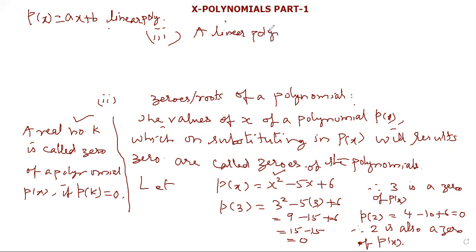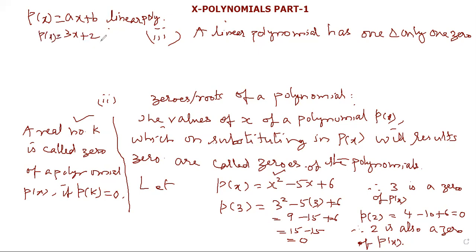So a linear polynomial has one and only one zero. For example, suppose we are given the linear polynomial 3x plus 2.